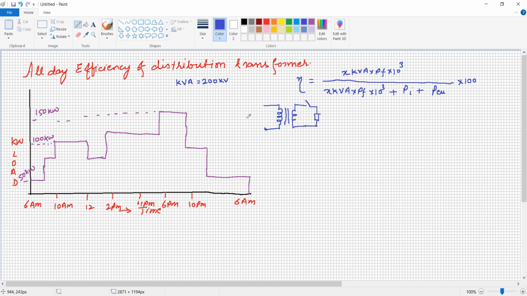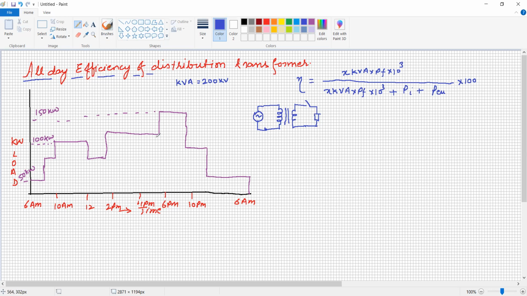For example, the load on the transformer is 0, while it remains connected to the source. And when it is connected to the source, the iron losses will remain present, irrespective of the load condition. So under such condition, the distribution transformer efficiency cannot be accounted very correctly.